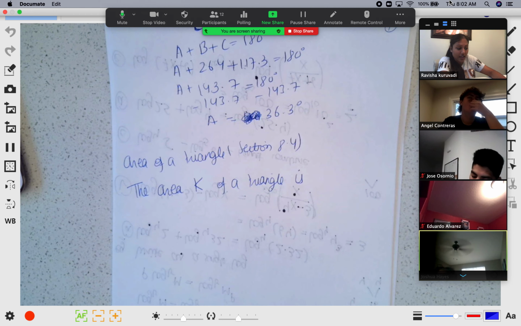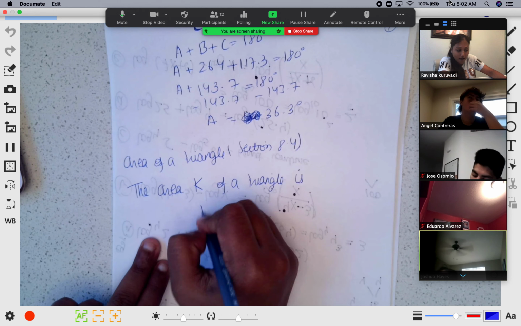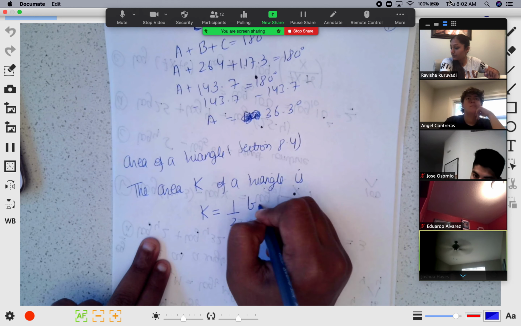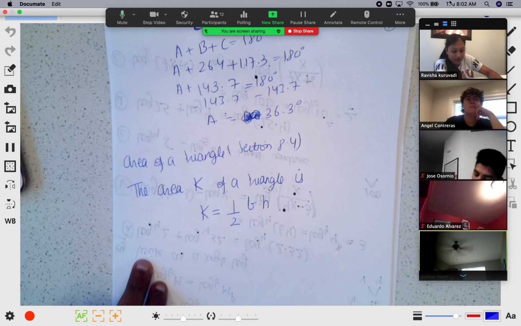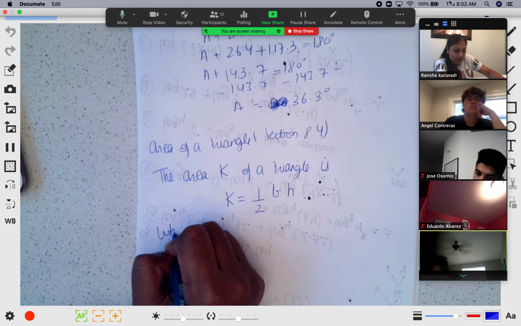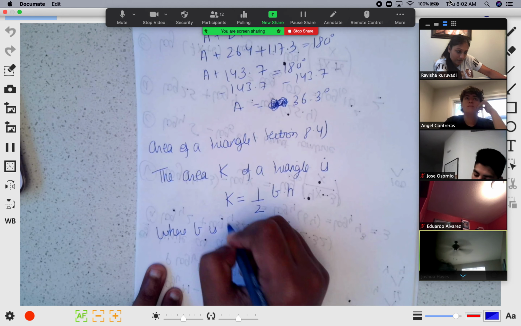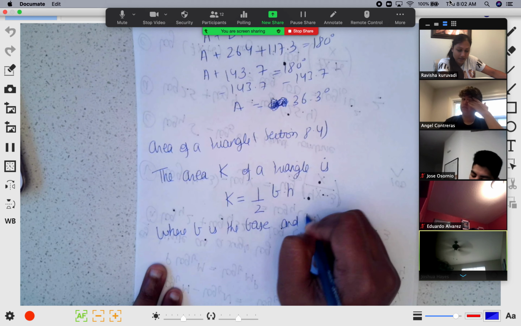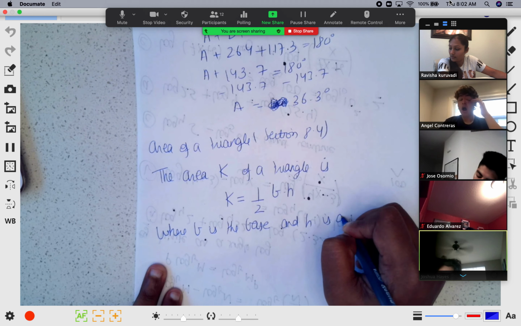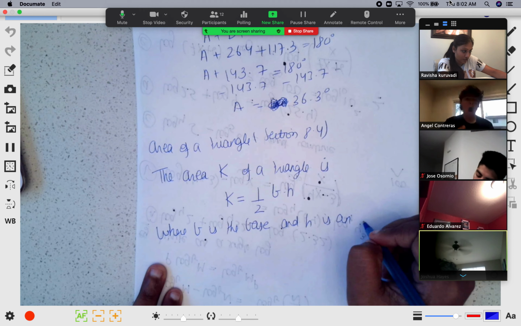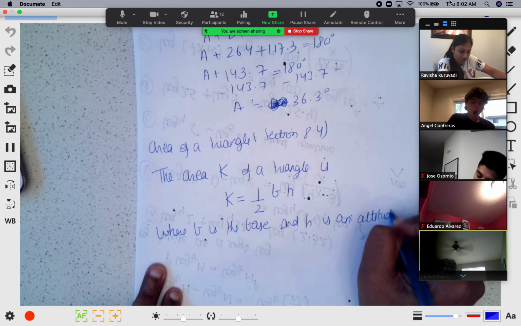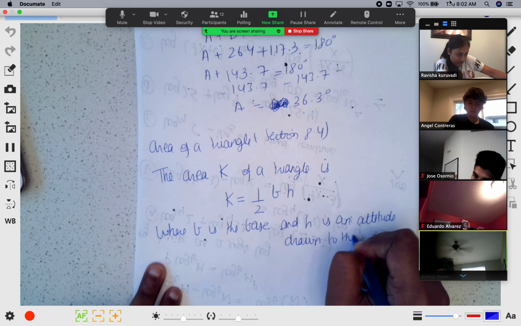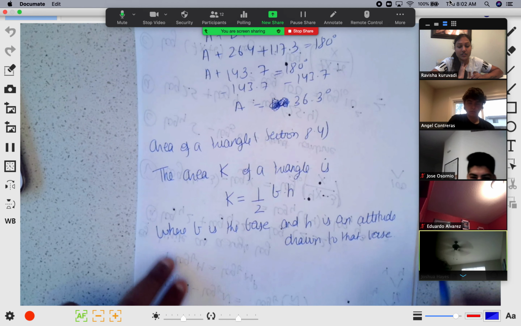It's given as K is equal to half base times height. Okay, where b is the base and h is an altitude drawn to that base.